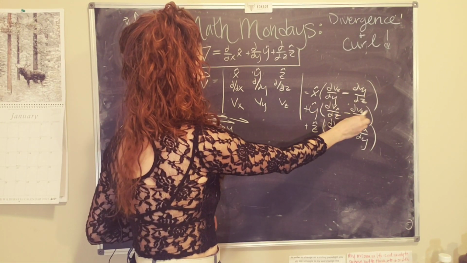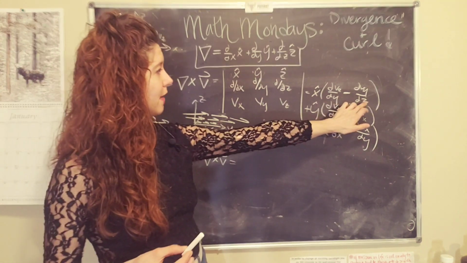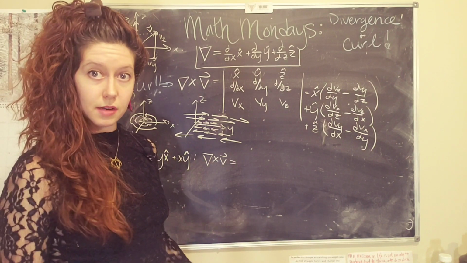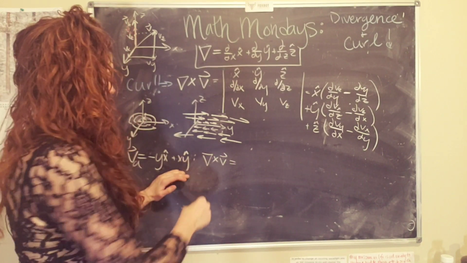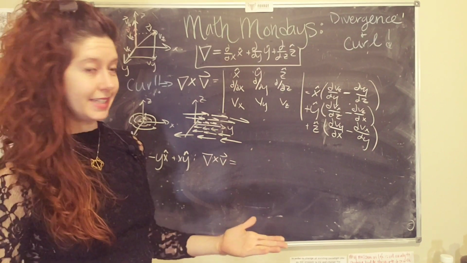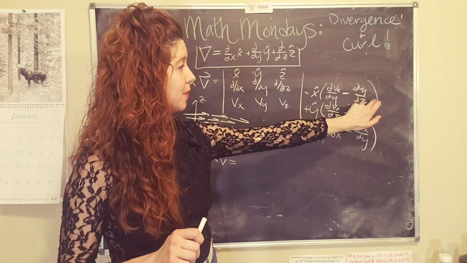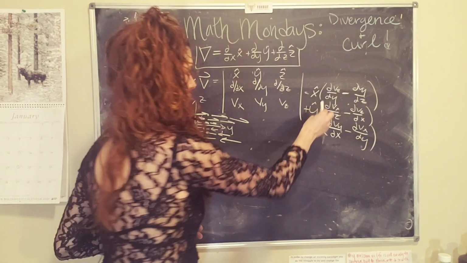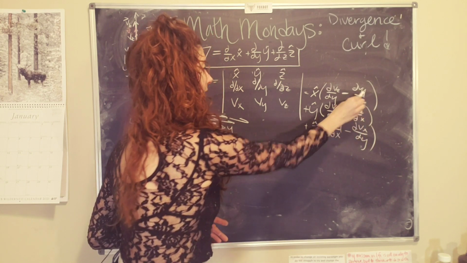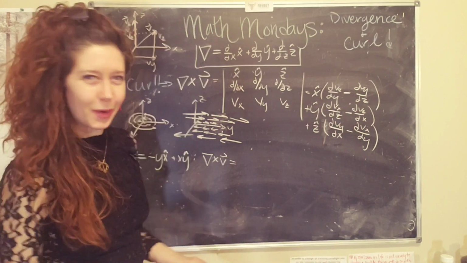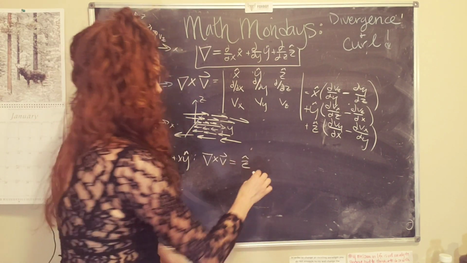And because we don't have any variables of z in this equation, any derivative with respect to z is going to be 0. So right away we can knock those to 0, and all we're left with are the components in the z direction.